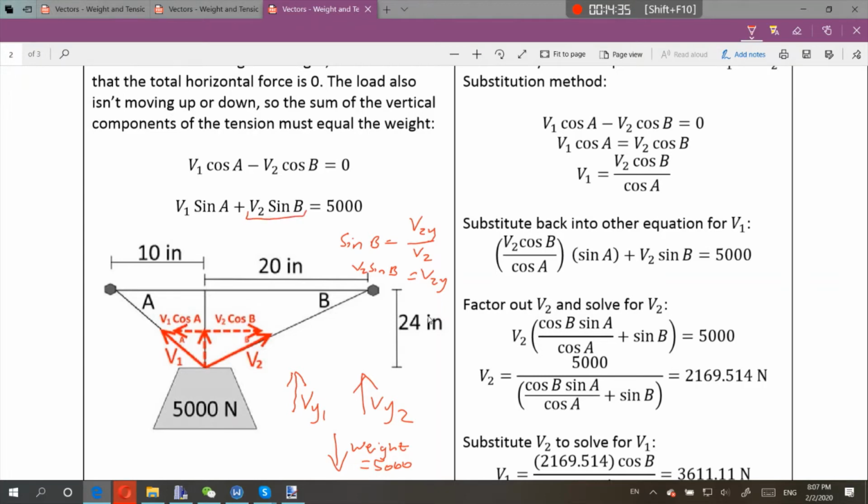Okay, so this part right here is the vertical tension of our second point. And this part over here is our vertical tension of our first point.